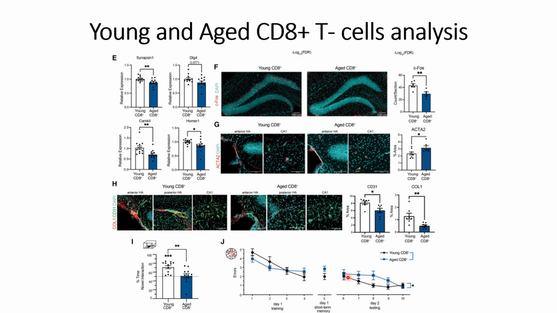In this case, we can see that error rates are slightly higher for the aged CD8 plus T cells compared to the young CD8 plus T cells, as the young follows a low error profile, whereas aged CD8 plus T cell treated mice follow a high error profile.